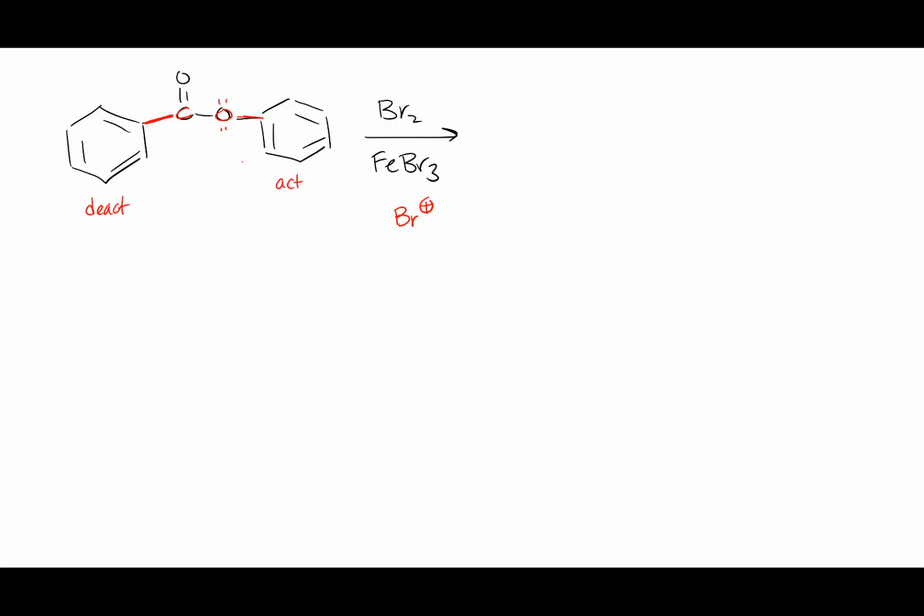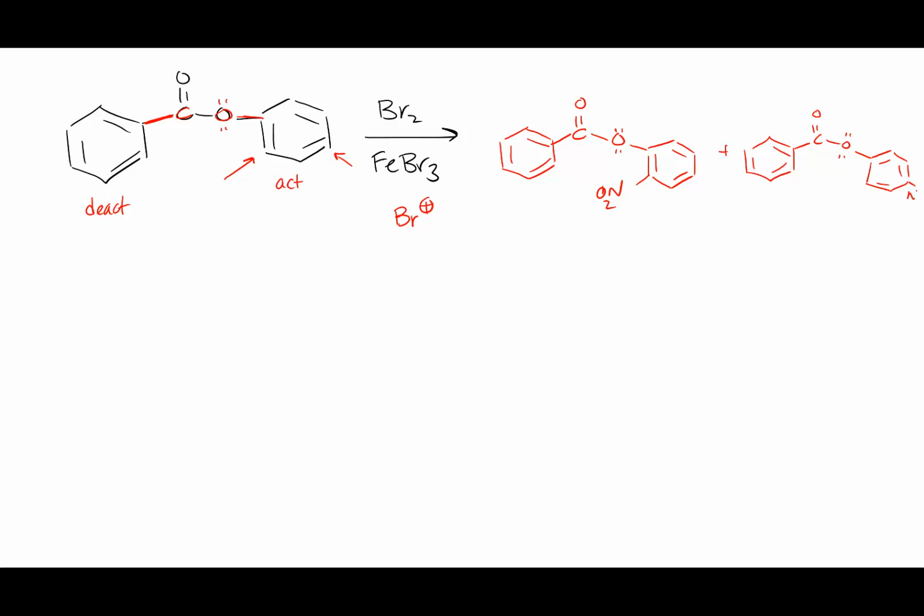The activating group then is going to direct ortho and para, so the two products I would get for this reaction are going to have the Br added to the ortho position, and then the Br added to the para position.